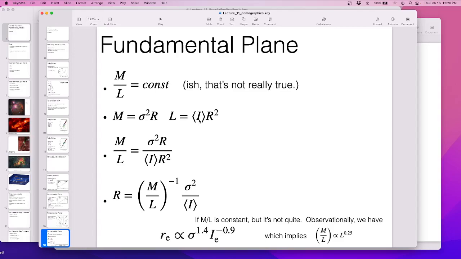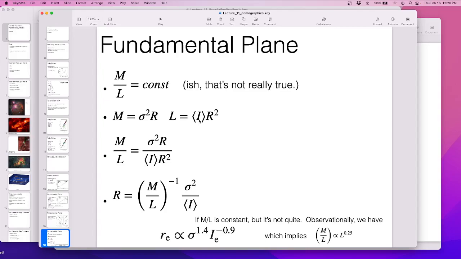That being said, the dark matter is there. So mass to light being constant, not a great assumption, not a terrible assumption. This is the one we're running with. We also know that the mass is going to equal sigma squared r. That's just sigma squared equals GM over r. There's a proportional.